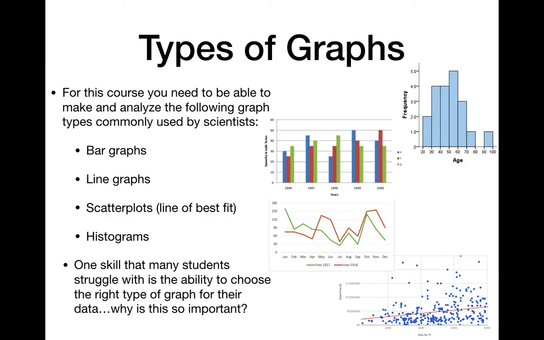So why do you think it's so important to pick the right kind of graph? Well, the purpose of a graph is to communicate the trend in your data. So what did I see? What did I learn? What does it mean? And if you don't pick a graph that clearly shows that trend, that shows that information, then what is the point of having a graph? Right?